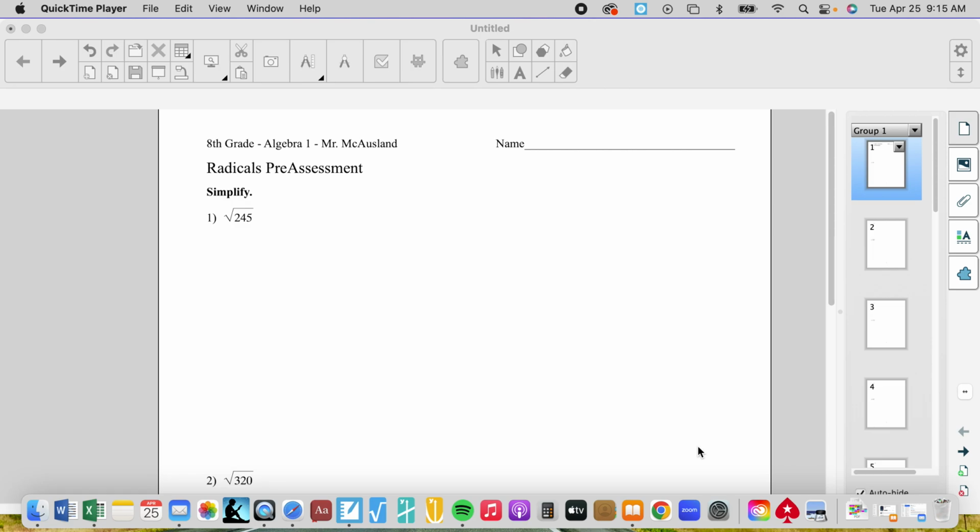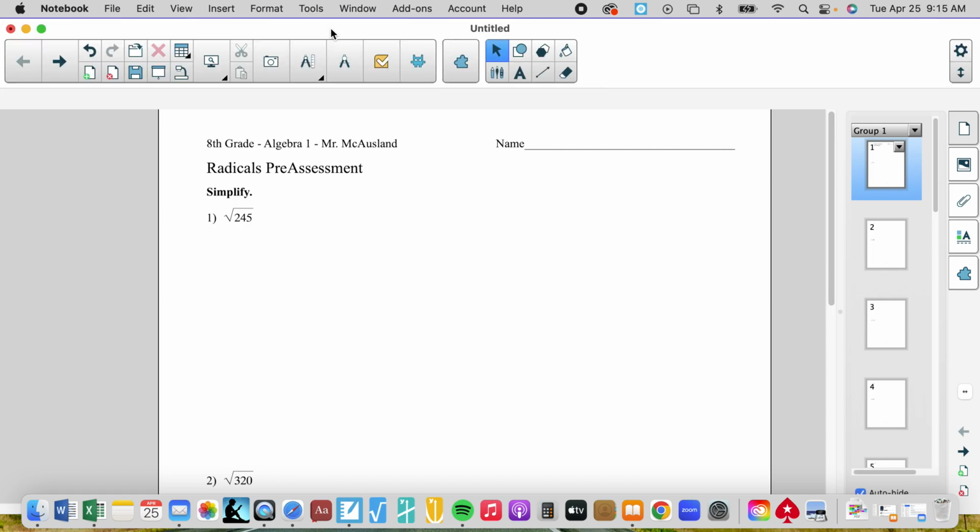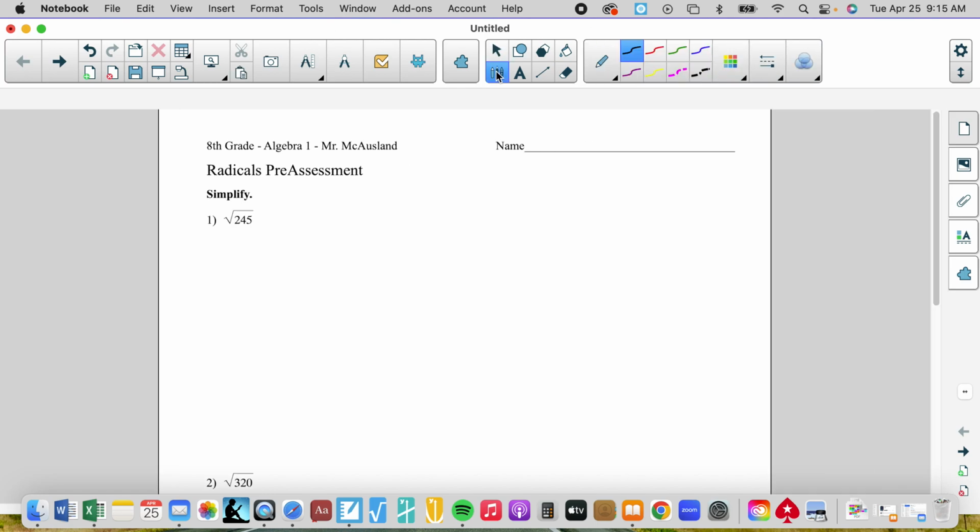The magic. So we're going to take radicals, and much like in the review, we're going to look for three things. One, is it a perfect square?